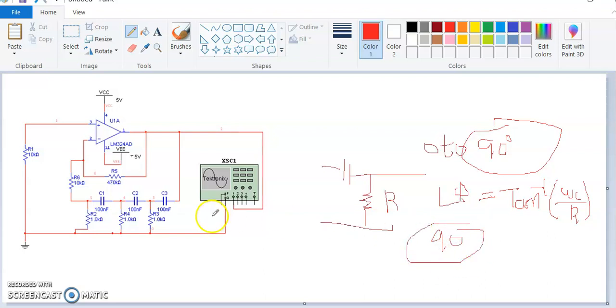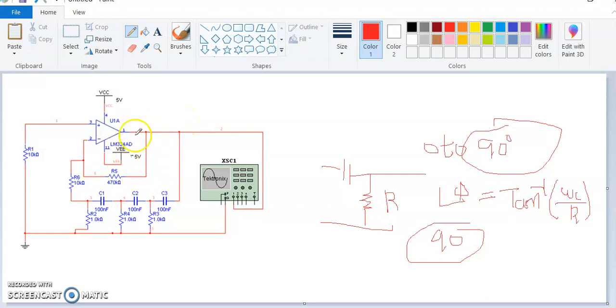So our circuit is designed to give a phase shift of 60 degrees per section. Here we have 3 RC sections, which give a 180 degrees phase shift. It is connected to an inverting op amp, which gives a phase shift of 180 degrees. So the total is 360 degrees, that is 0 degrees phase shift.